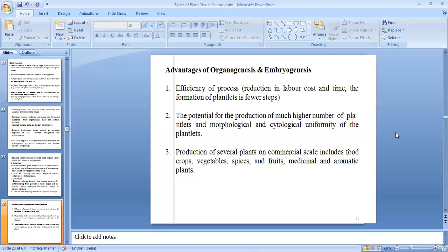That means the plants which are useful as food crops or as vegetables or as spices or as fruits or as medicinal plants or as aromatic plants, more number of plants can be produced in a shorter time with uniformity in quality and quantity. Okay, so these are all the advantages of organogenesis and embryogenesis.